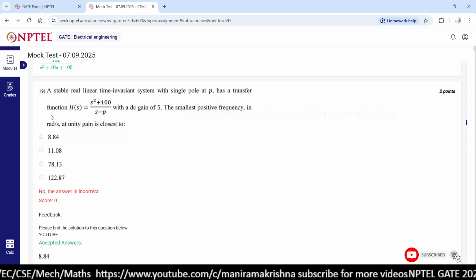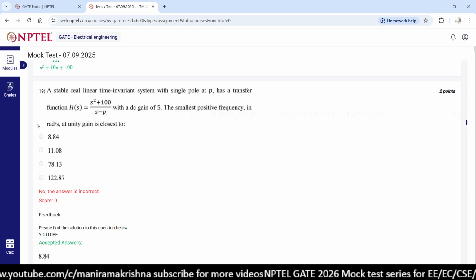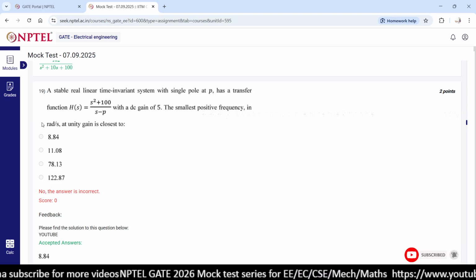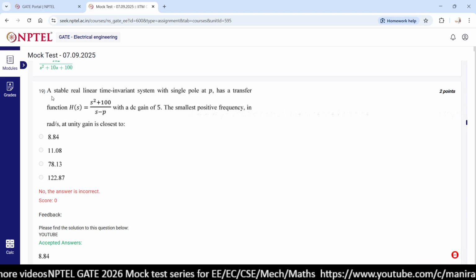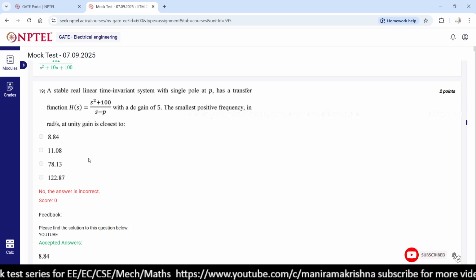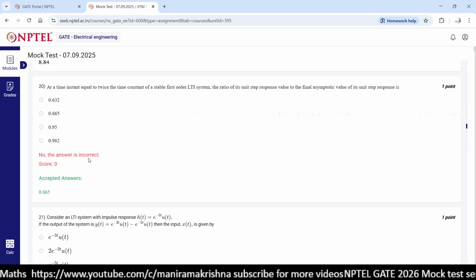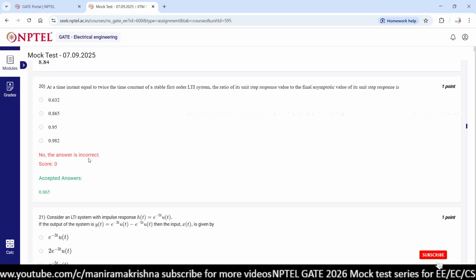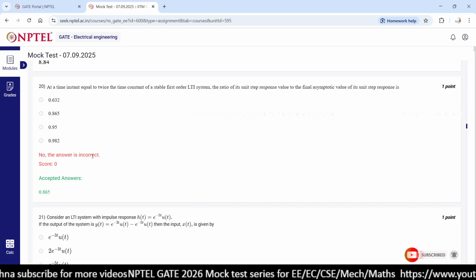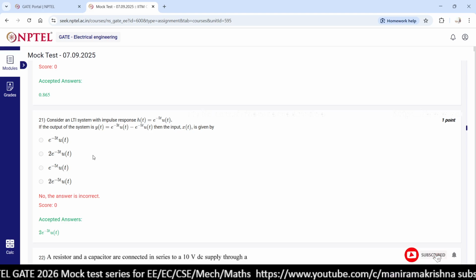This one is directly taken from the textbook. 20th question also comes under linear time invariant systems, control systems. We'll have a similar topic for the 21st question also.